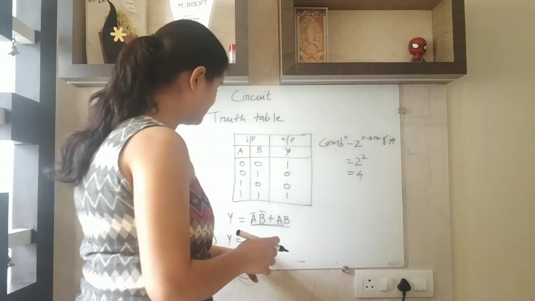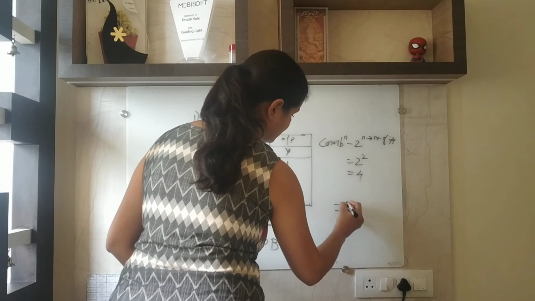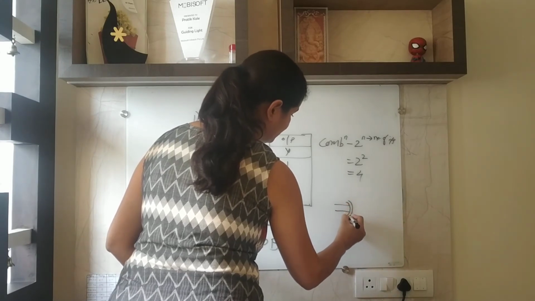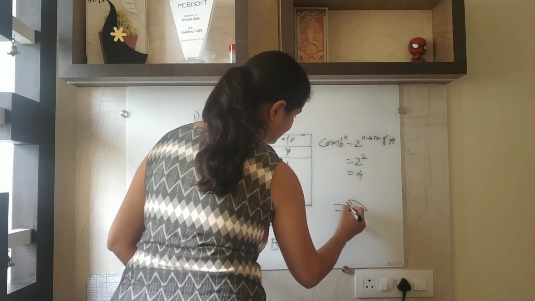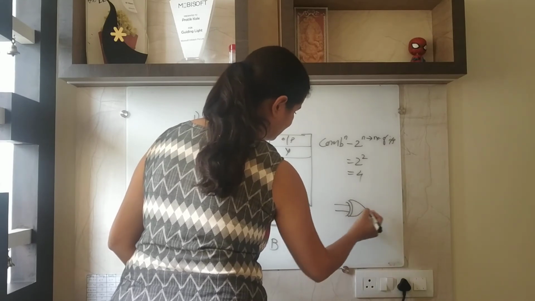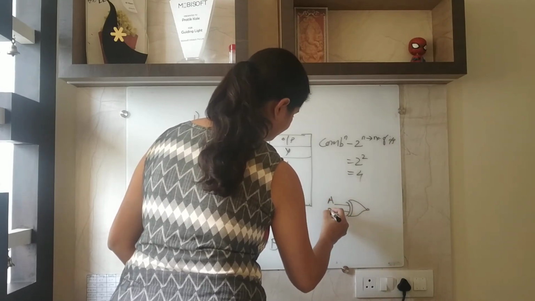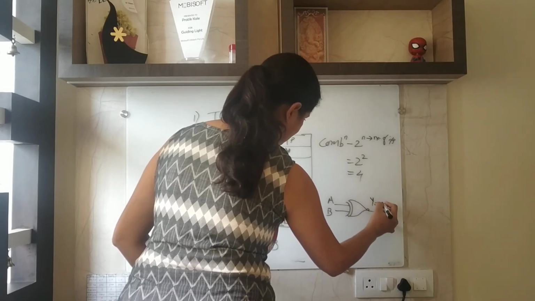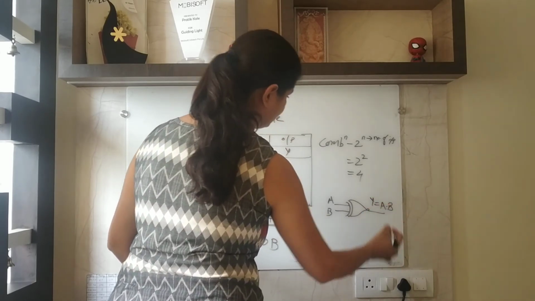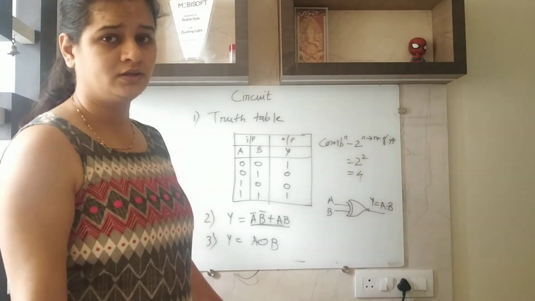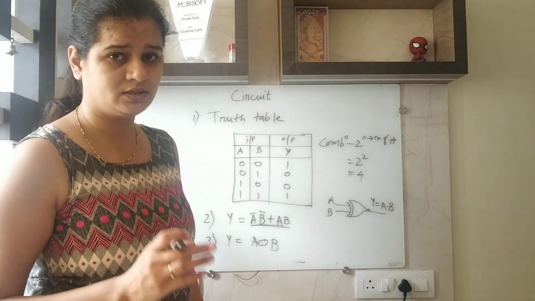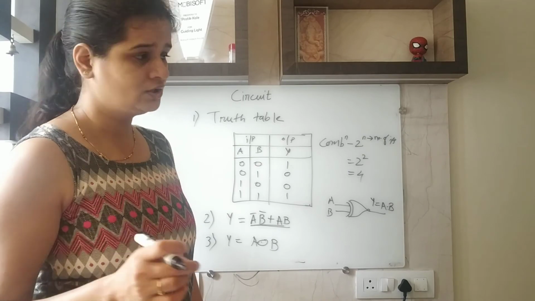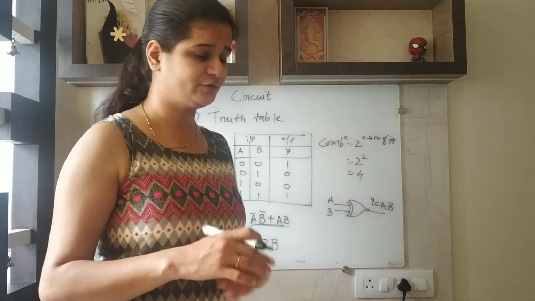So this is the XNOR gate. XNOR is the complement of the XOR gate, that is, the XOR gate with NOT, right, that is XNOR. So here A and B, and we got the equation as y equal to A XNOR B. This is the way to draw the circuit for any task which is asked of us, right. So these 4 steps we have to perform.